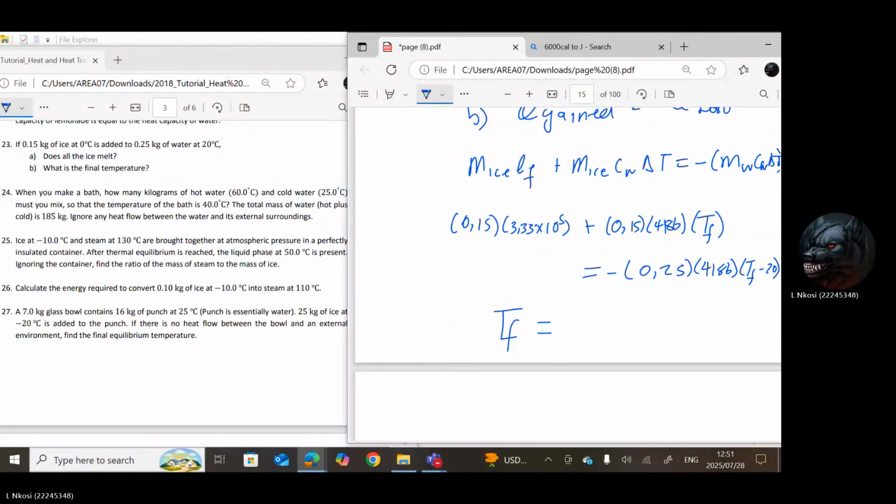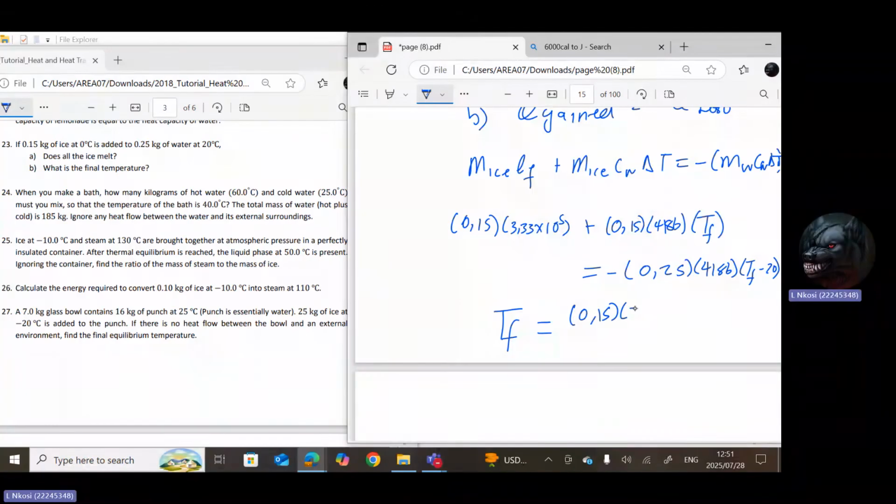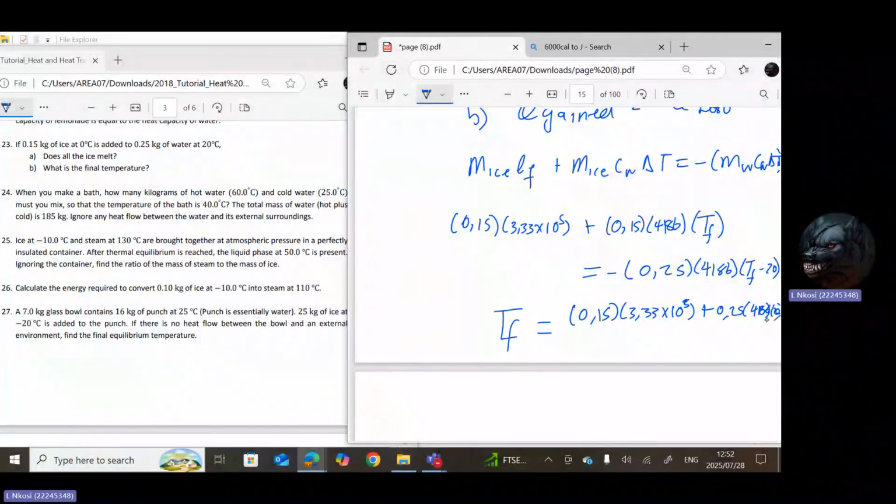After that you'll have 0.15 times 3.33 times 10 to the 5, and then plus 0.25 times 4186 times 20.